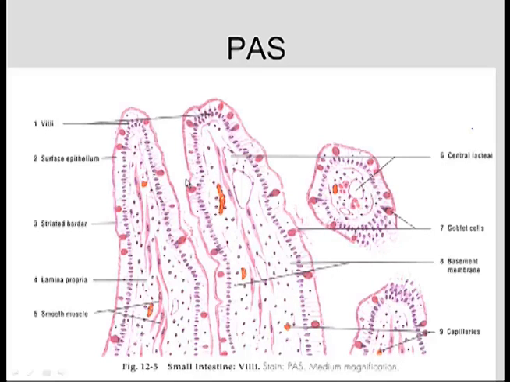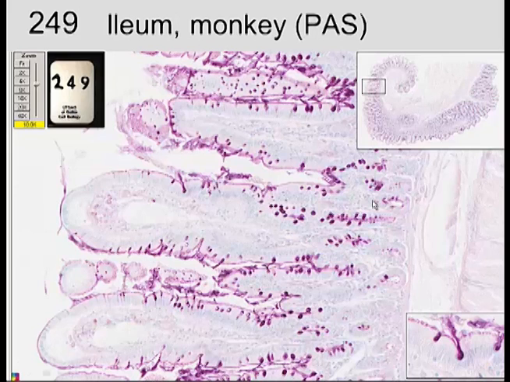The brush border on the luminal surface is also PAS positive. In addition to that, the basement membrane that the intestinal absorptive cell sits on is also PAS positive. And we can see that this is a stain.